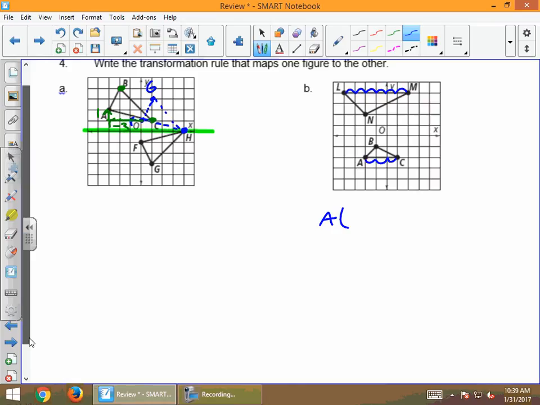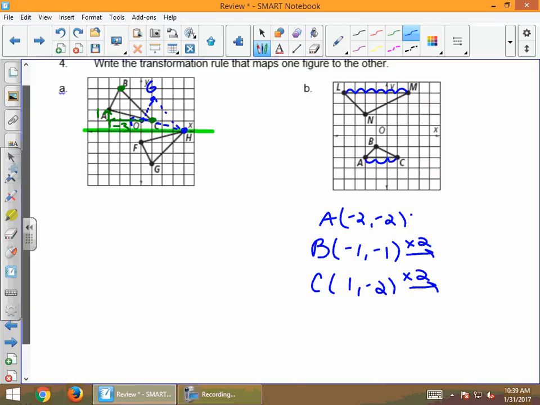So this point A is -2, -2. B is -1, -1. And C is 1, -2. Okay? And again, our scale factor is 2. So we're multiplying both these points by 2. So we multiply that point by 2.